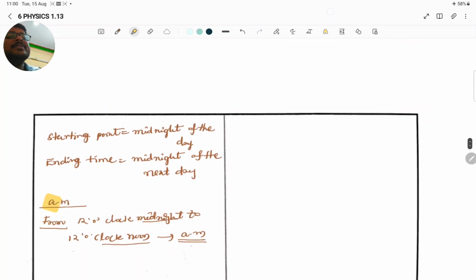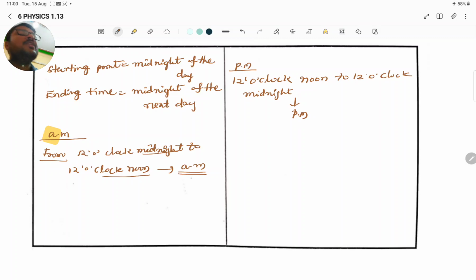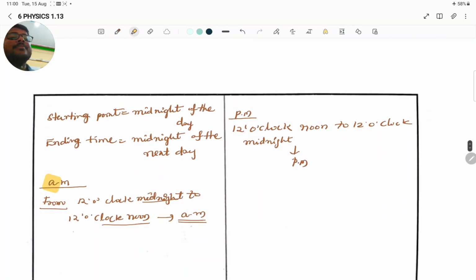In the 12 hours clock we express the time between 12 o'clock noon and 12 o'clock midnight as post meridian, or PM.